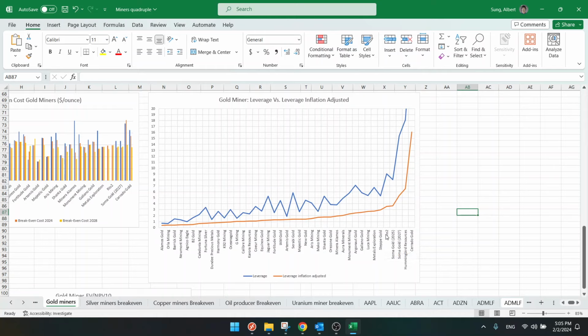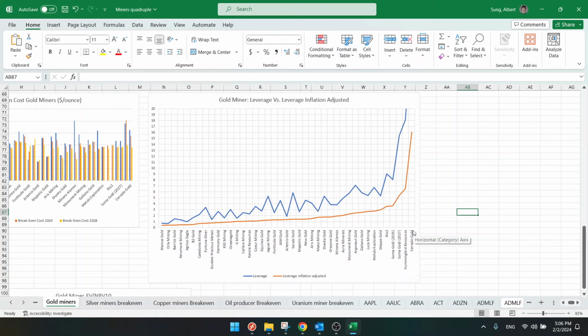Rio 2 is not financed yet, so this is interesting, this one. If it can get financed, then this will provide great leverage to gold. Soma Gold, of course, still own that. Hummingbird Resources is a bit of a high cost mine, but if gold really goes up, this one could provide a lot of leverage.